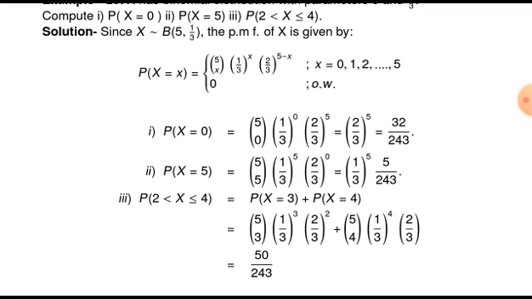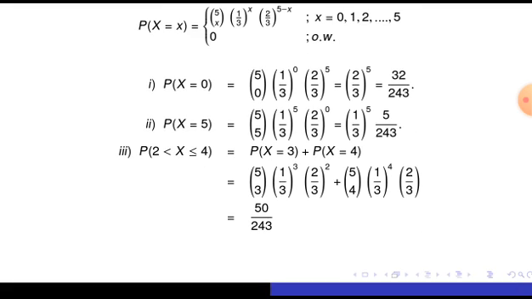And q means 1 minus p, that is 2 divided by 3 raised to n minus x. n is 5. And here x takes values from 0 to n, means 0 to 5. Otherwise this PMF is 0. Okay, so we have plugged in the values of parameters in the standard probability mass function of binomial distribution.